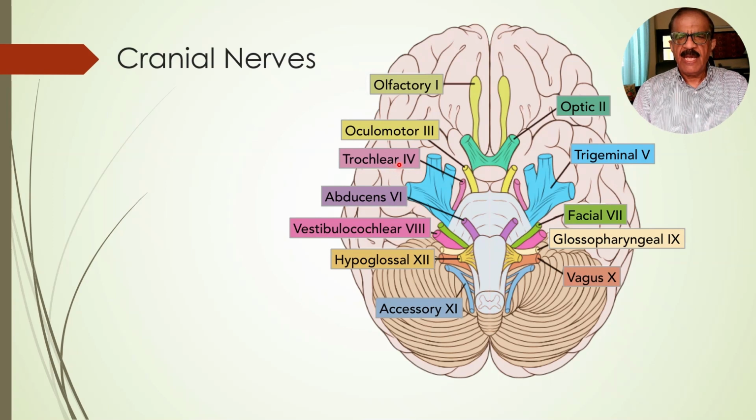Then fourth nerve, and then we have sixth nerve. So these third, fourth, and sixth nerves are many times discussed together, because all these three nerves control our extraocular muscles, and through that they control our eyeball movement.